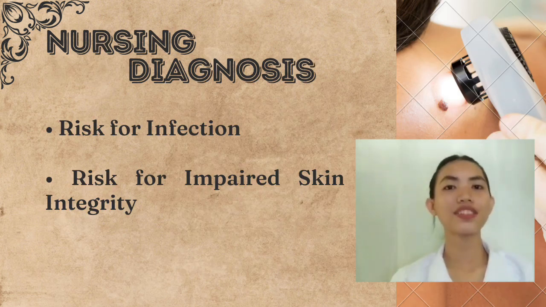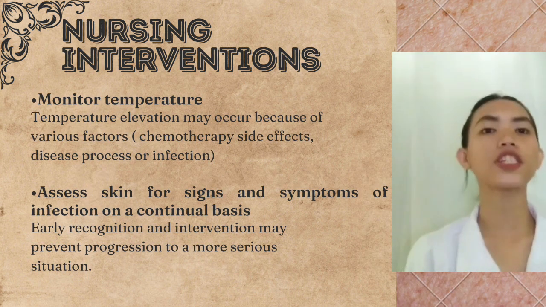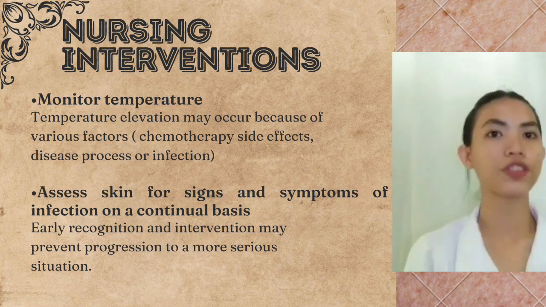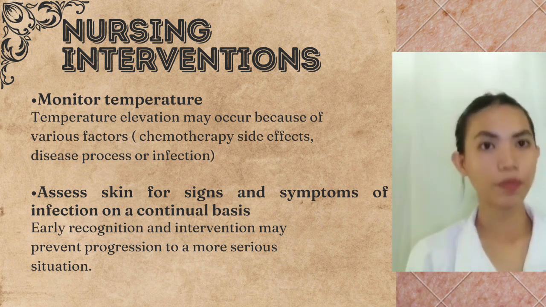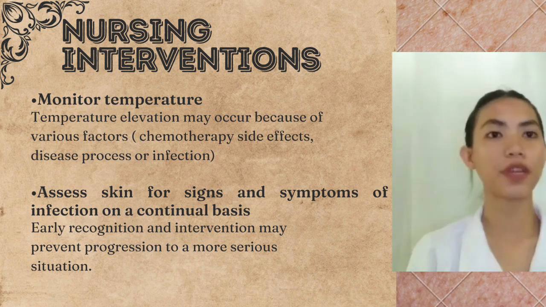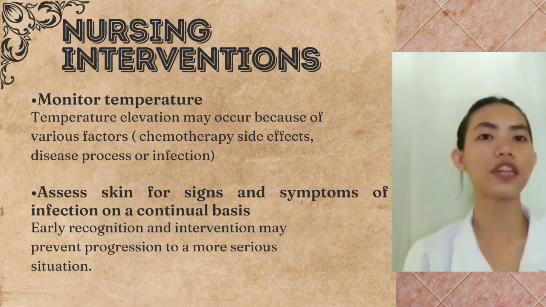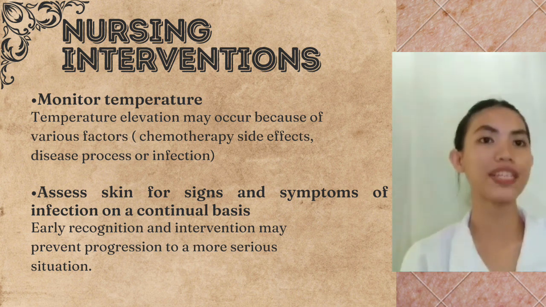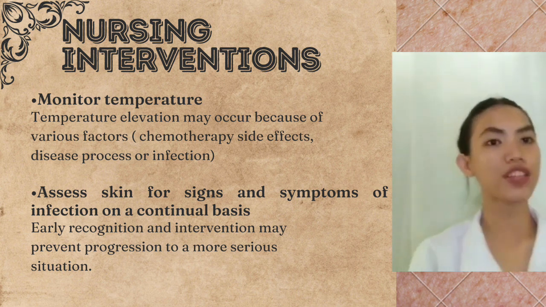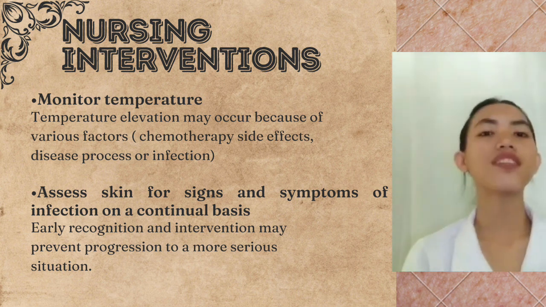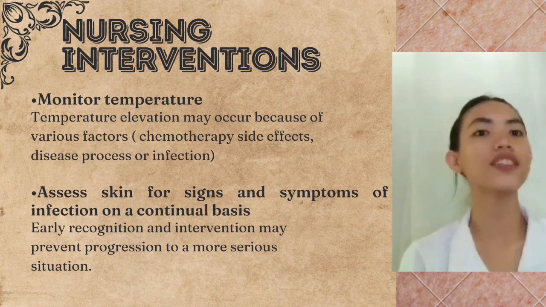Nursing diagnosis includes risk for infection and risk for advanced inactivity. For nursing interventions, first is to monitor temperature. Temperature elevation may occur if not masked by corticosteroids or anti-inflammatory drugs because of various factors such as chemotherapy side effects, disease process, or infection. Next is to assess skin for signs and symptoms of infection on a continual basis.